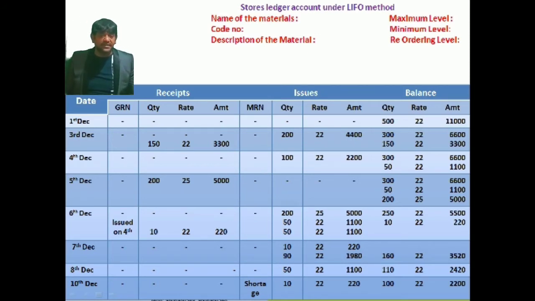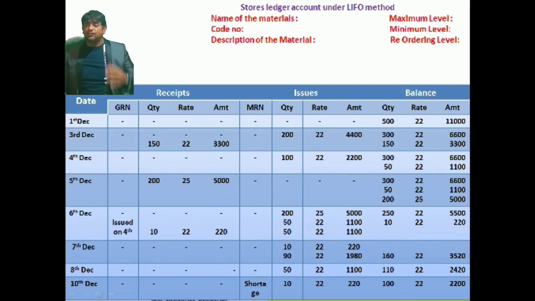On 5th December, there is a purchase of 200 units. So go to the receipts column, GRN dash, receipts quantity 200 units at a price of 25 rupees per unit. So 200 into 25, 5,000 rupees. Under issues, MRN dash, quantity dash, rate dash, amount also dash.